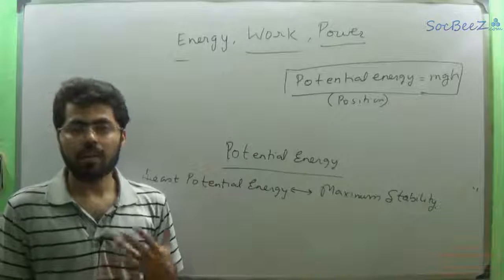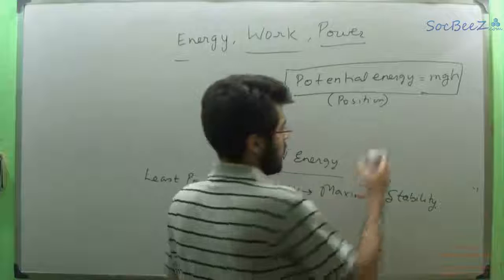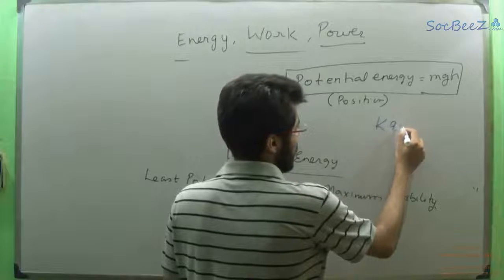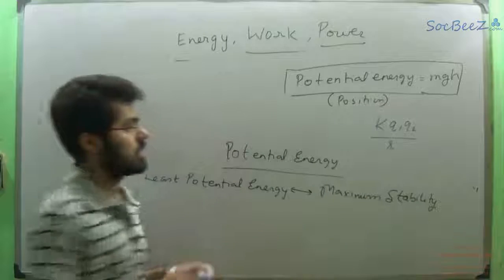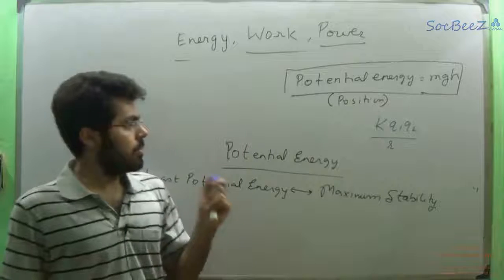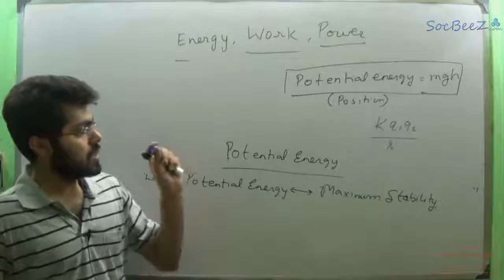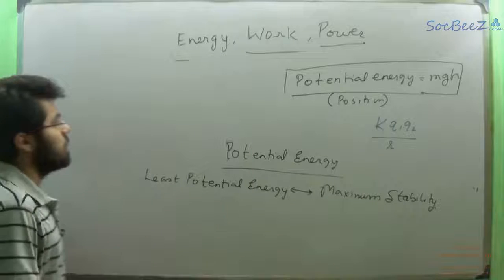Then electrostatic potential energy, that is denoted by k q1 q2 by r, where k is a constant. Then the potential energy which we have to study precisely in this chapter is that because of a spring.